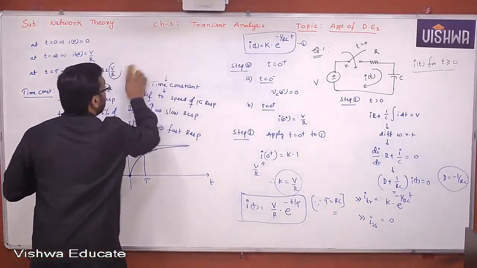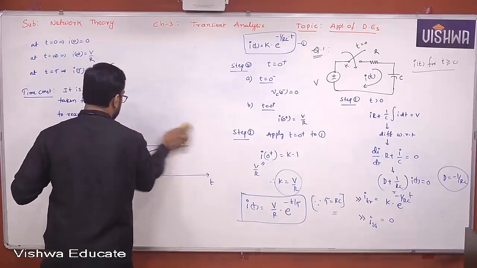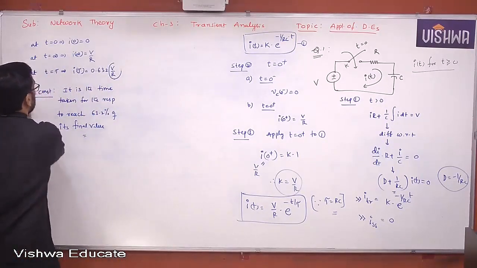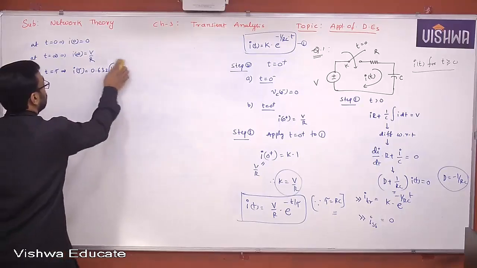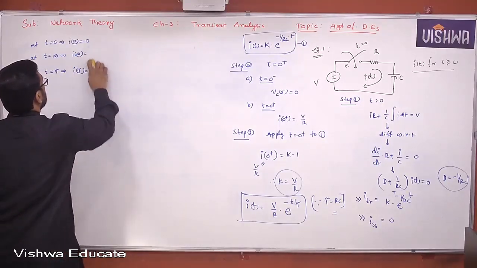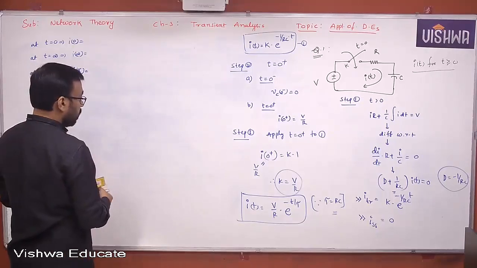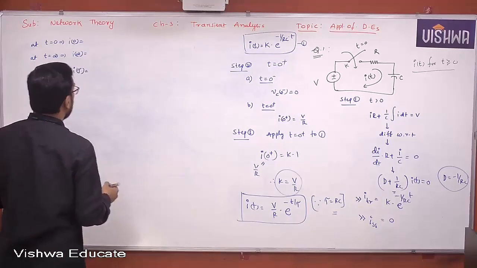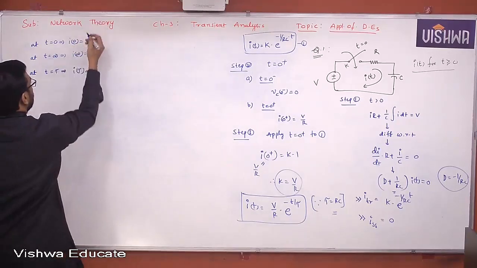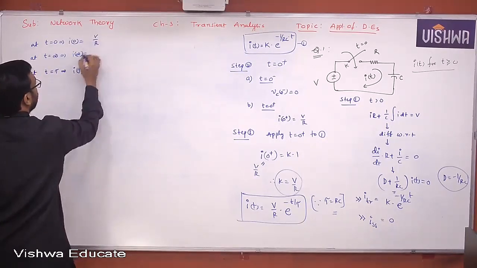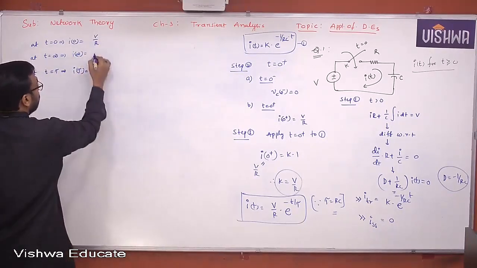Now let me draw the waveform clearly. When i(0) is taken, the value is V/R. When i(∞) is taken, it is 0.